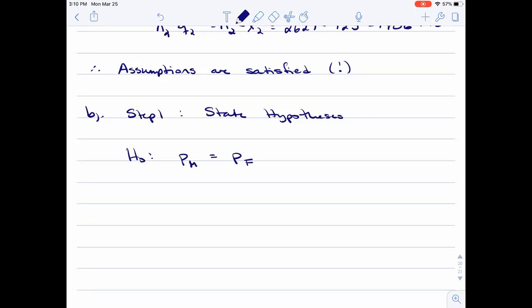Question-specific subscripts here. And our alternative hypothesis is that the PM is not equal to the PF, just because we only want to know if there's a difference between the two.